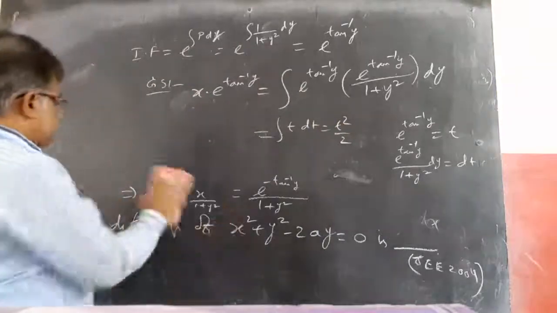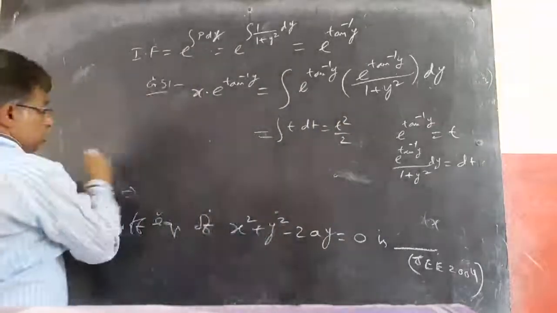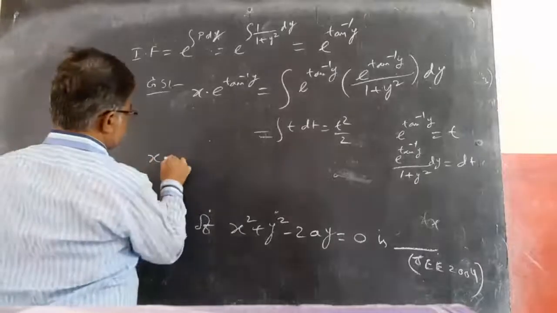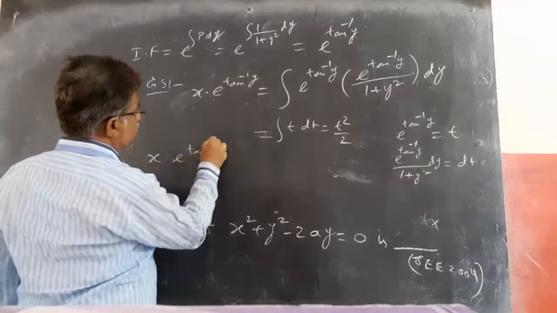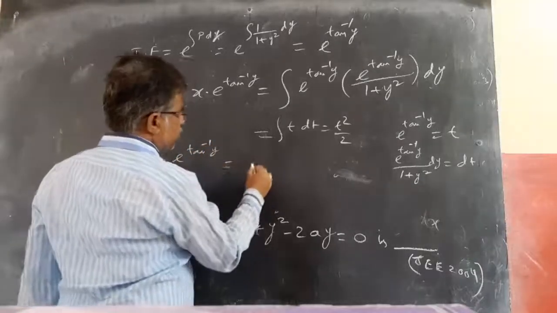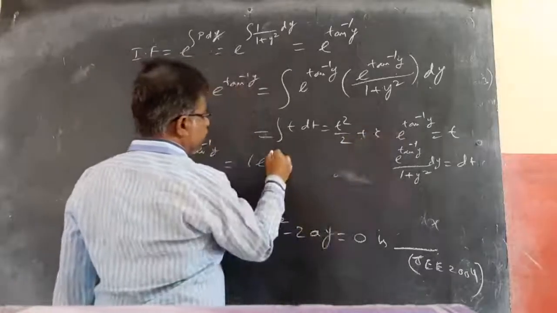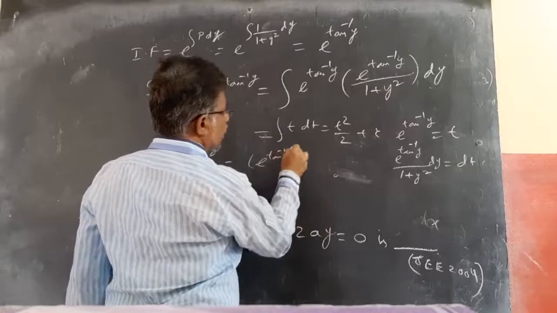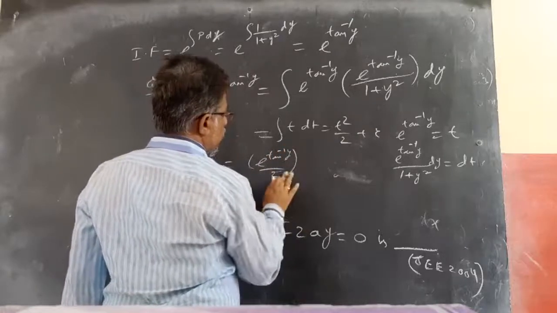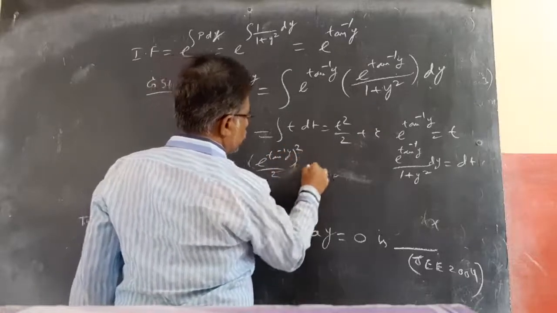So your final general solution is x into e power tan inverse y equals t square by 2 plus c as usual. t means e power tan inverse y, whole square by 2 plus c.